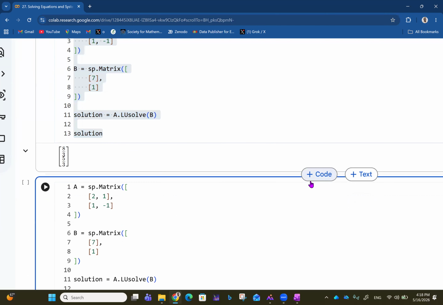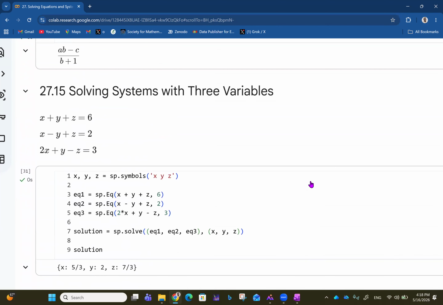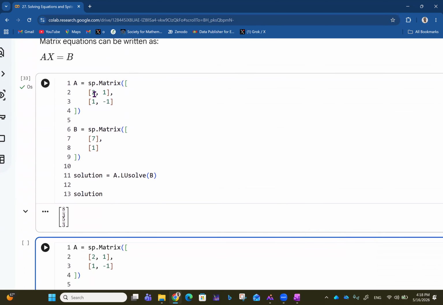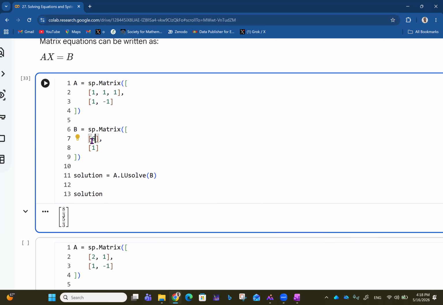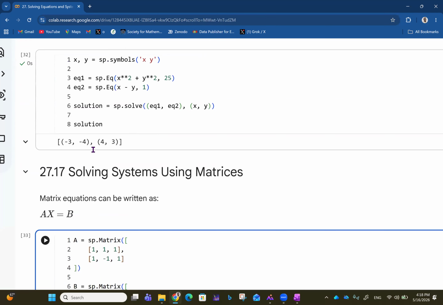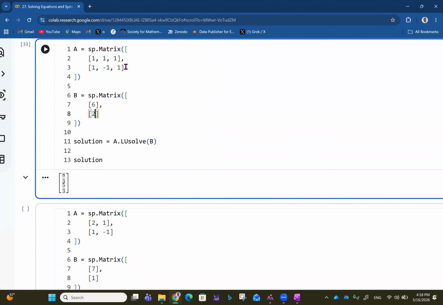So I bring it back over here now. So what do we have for that? 1, 1, 1 is 6. 1, minus 1, 1 is 2. And then 2, 1, minus 1 is 3.